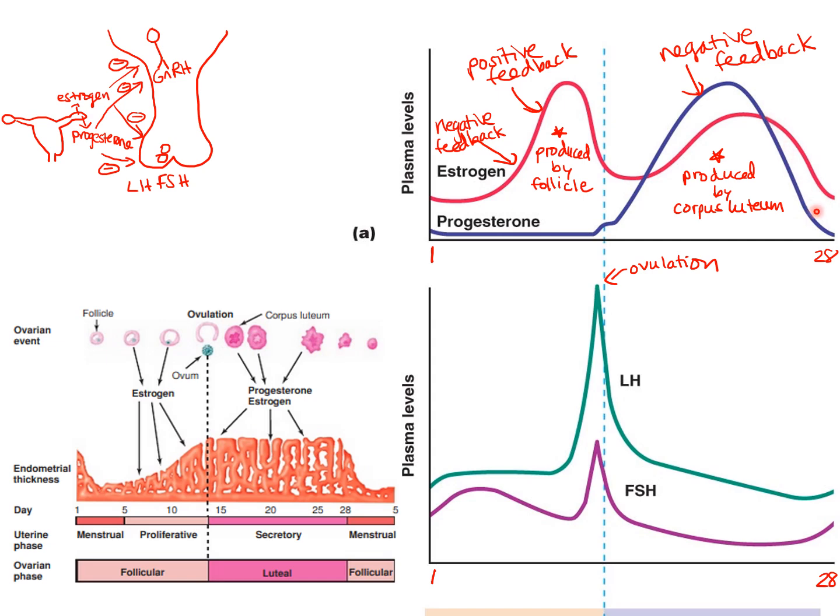And so if the estrogen and progesterone disappear, their negative feedback effects are gone, and now the hypothalamus can secrete GnRH and tell the anterior pituitary to release LH and FSH. And so the LH and FSH levels start to rise, and then we'll just start the next menstrual cycle all over again. And so we'll pick some more follicles to start developing.